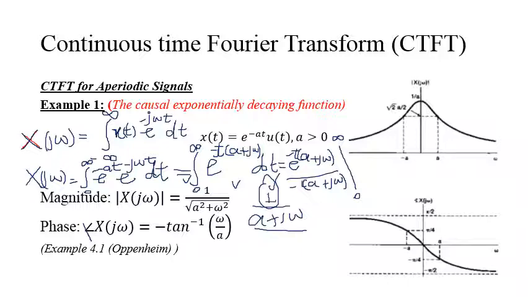In the numerator we have only the real component, and the phase is tan inverse of imaginary over real, so the imaginary part is 0. When imaginary is 0, this is basically a zero phase. So 0 minus tan inverse of, what is the imaginary part here? That's omega, and the real part is a. So 0 minus tan inverse of omega by a.